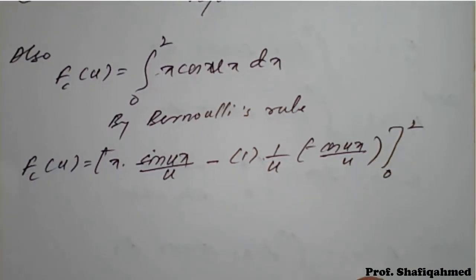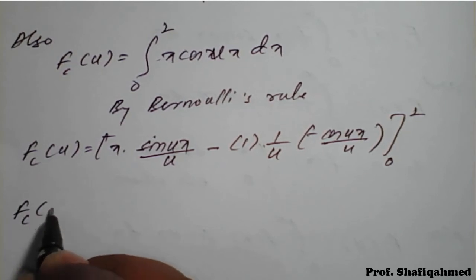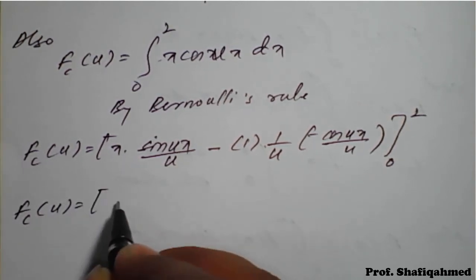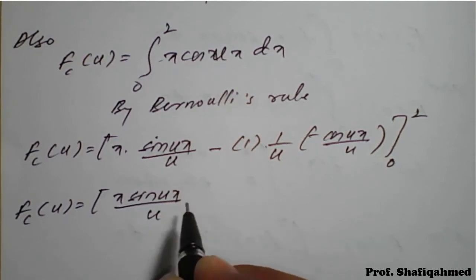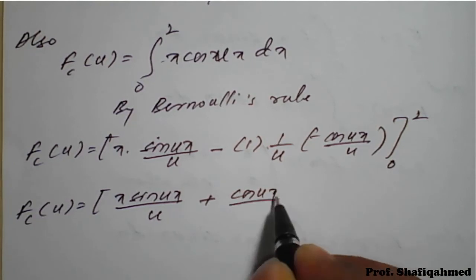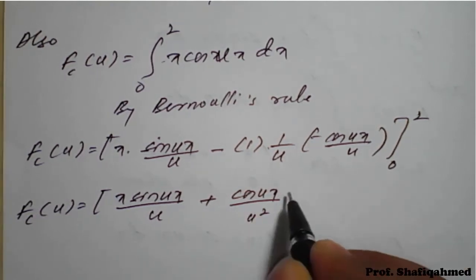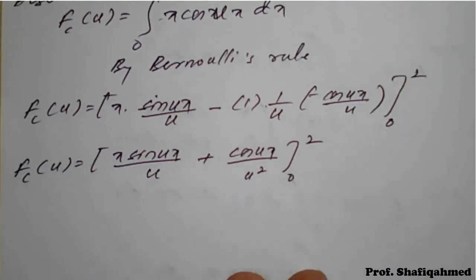So we again rearrange and then apply the upper and lower limits: fc of u is equal to x sine of ux divided by u plus cos of ux divided by u square, limit 0 to 2.